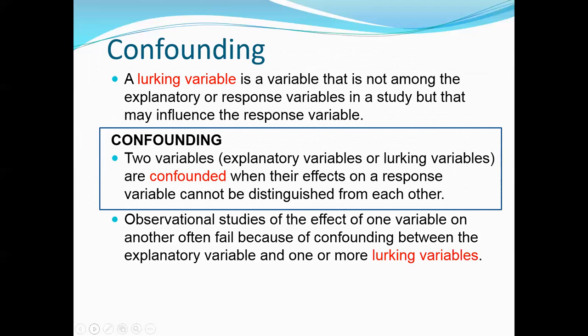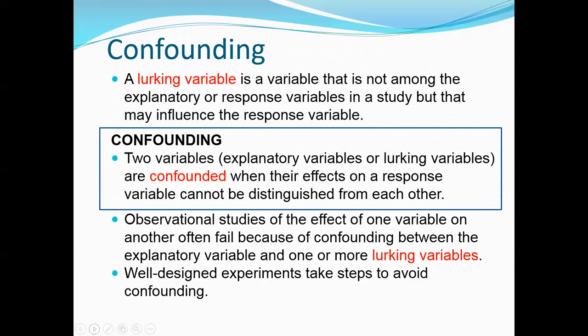Observational studies of the effect of one variable on the other often fail because of confounding between the explanatory variable and one or more lurking variables. Well-designed experiments take steps to avoid confounding.